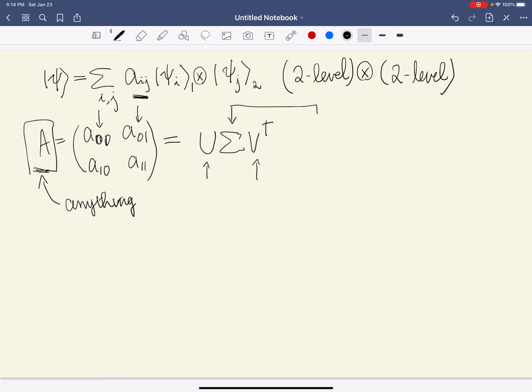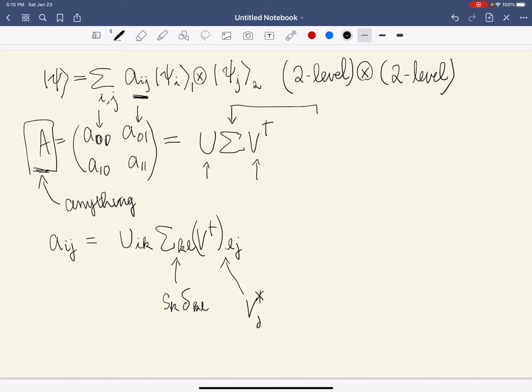Okay, so in terms of the elements, what this decomposition is telling us is that these elements A_ij are U_ik, sigma_kl, and V dagger_lj. However, this is entirely diagonal, so I can write this as s_k times delta_kl. And the Hermitian conjugate of a matrix has elements which are V star_jl. Okay, so then let's see how this whole thing simplifies.